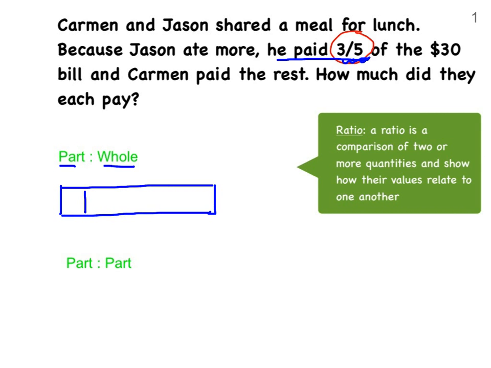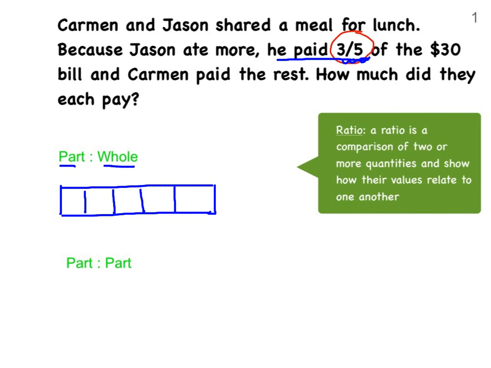So I'm going to divide this rectangle into 3 parts. Now you don't have to worry too much about getting everything equal. What you're assuming though is that you know that every box in the model, every unit is an equal portion.